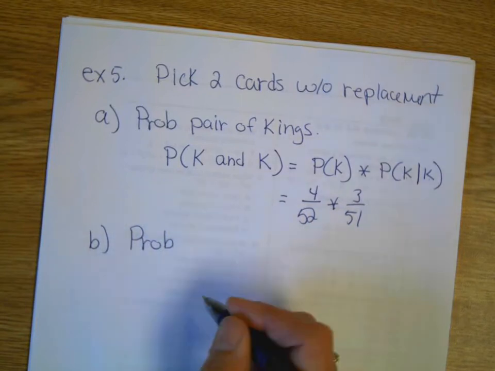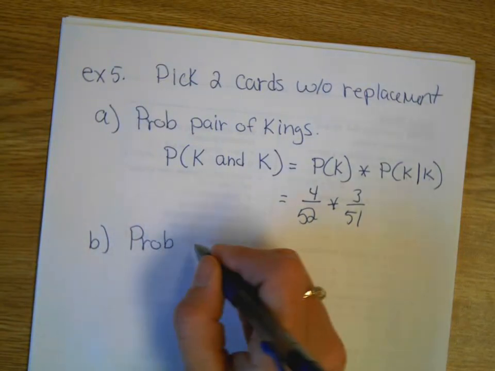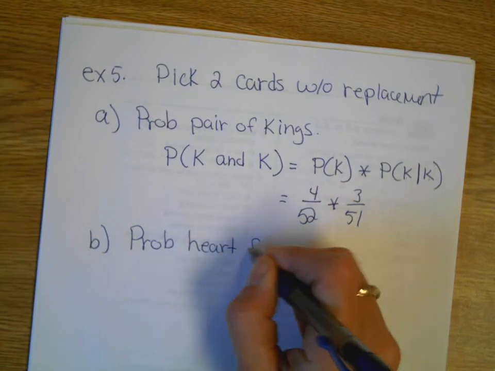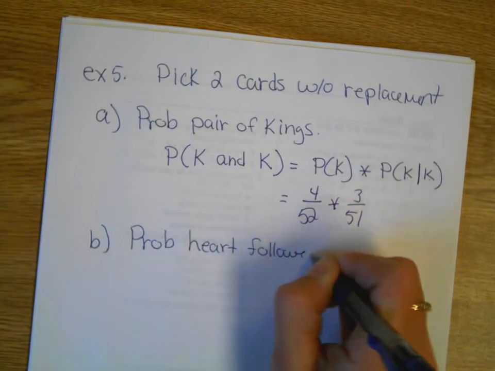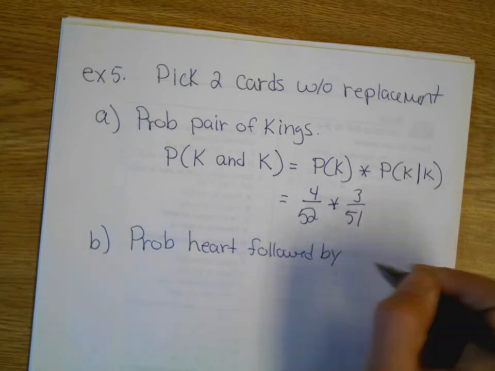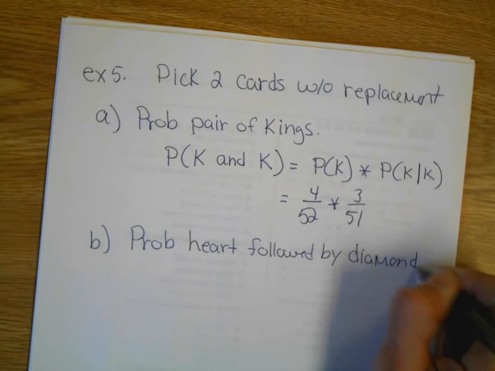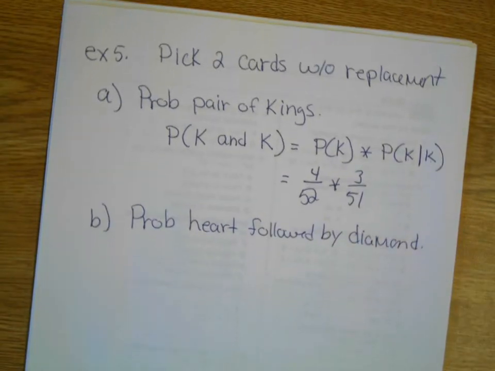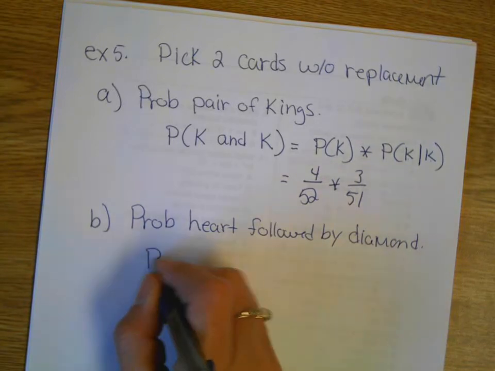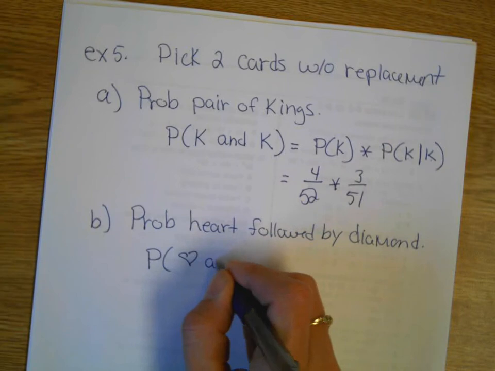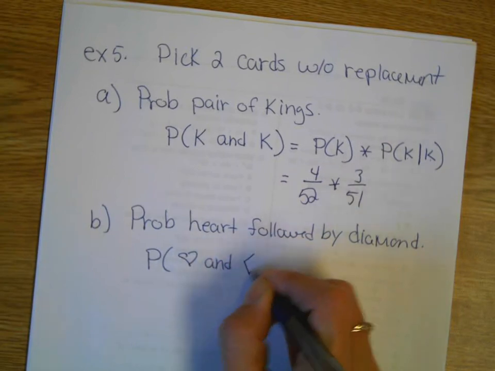What's the probability that you get a heart followed by a diamond? So that's the probability of a heart and a diamond.